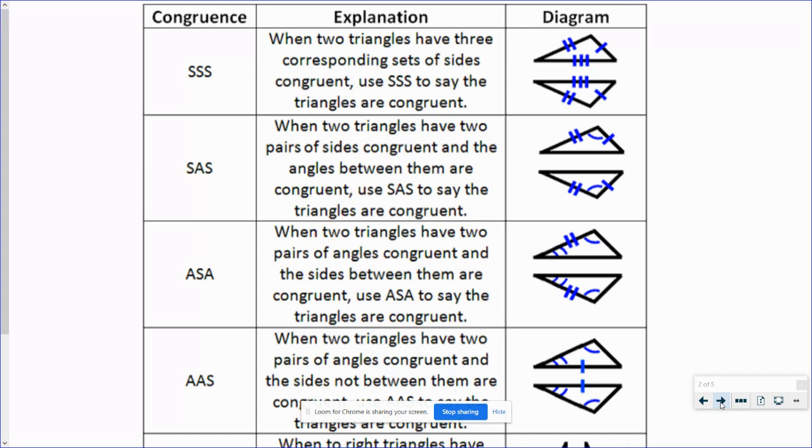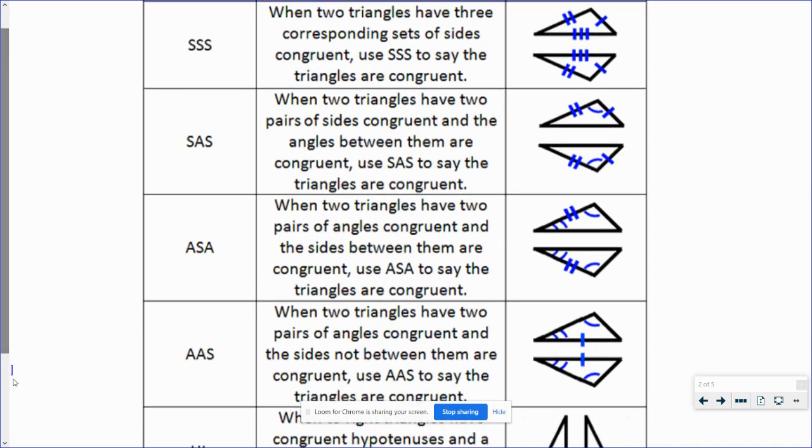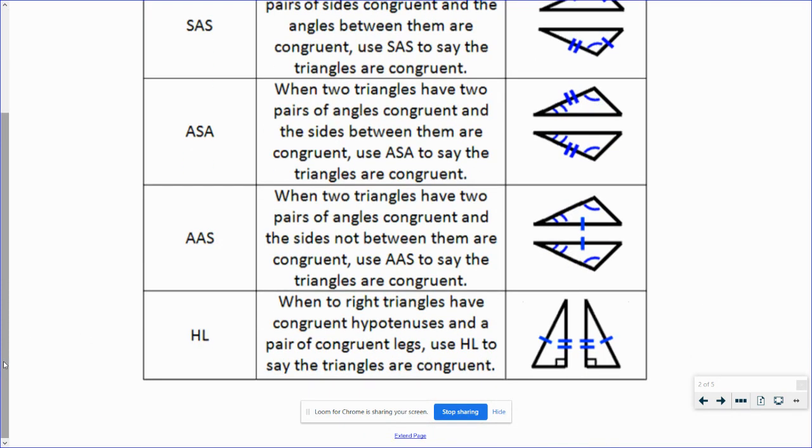Take a look at the next one, angle side angle. We have two triangles. We have two pairs of angles marked congruent, and the side that is in between them is marked congruent. Then the two triangles can be said to be proven congruent by angle side angle. Notice again that that is the side included in between the two angles. Now, look at the next one. Next one is angle angle side, which we abbreviate as AAS.